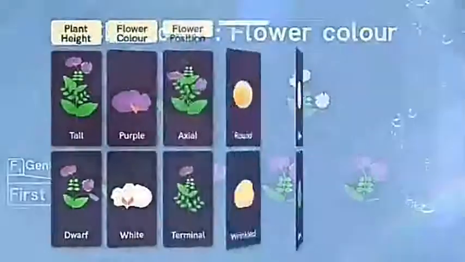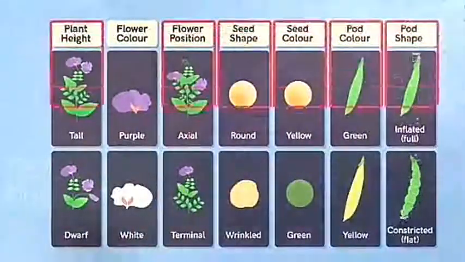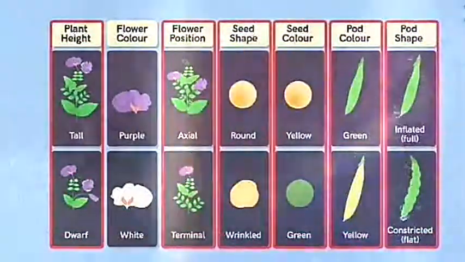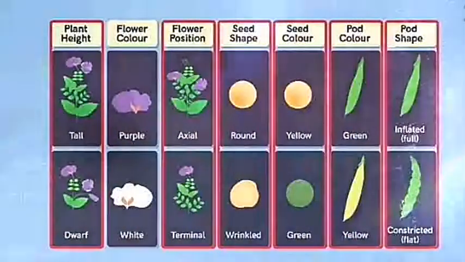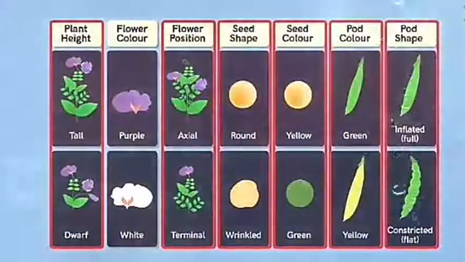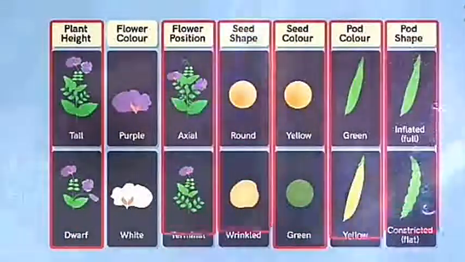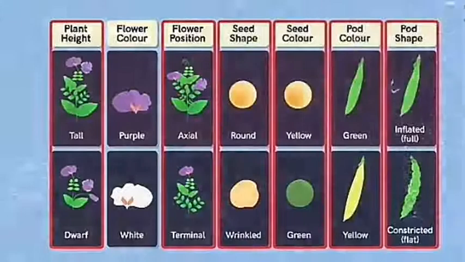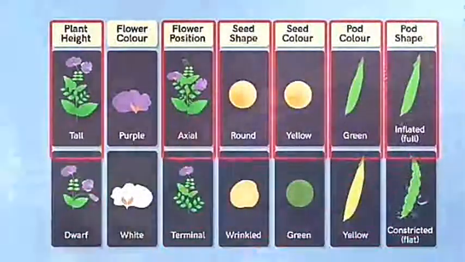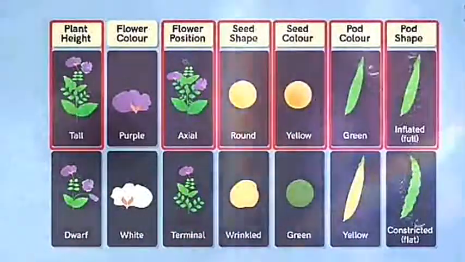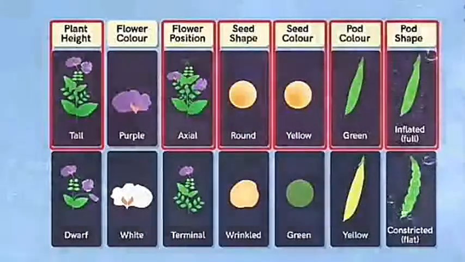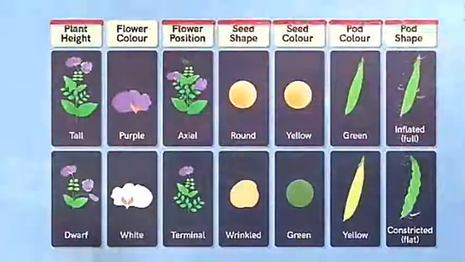Did Mendel work on other characters of pea plants? Yes, he did. He worked with characters like the plant height, the flower position, the seed shape, the seed color, pod color, and all other characters. And he obtained a similar result to his first cross.